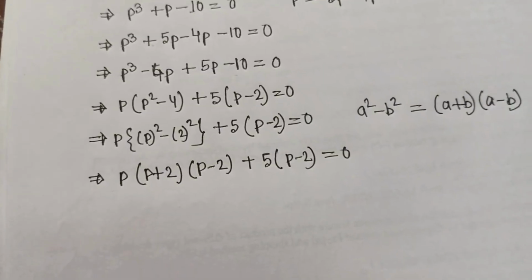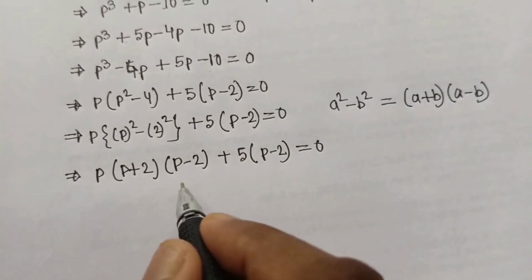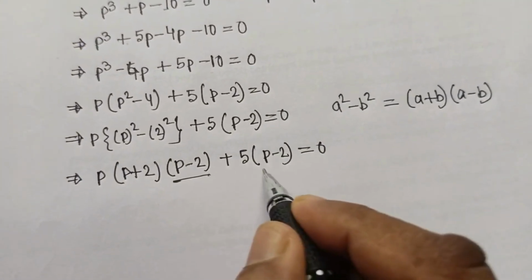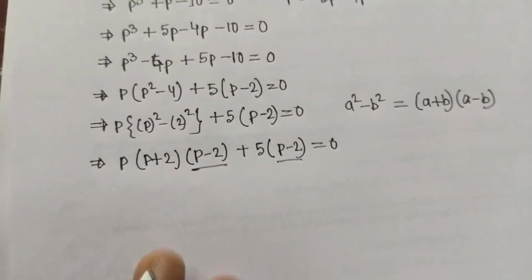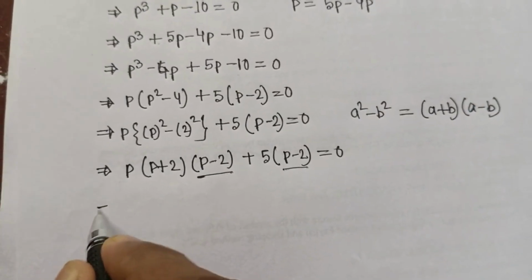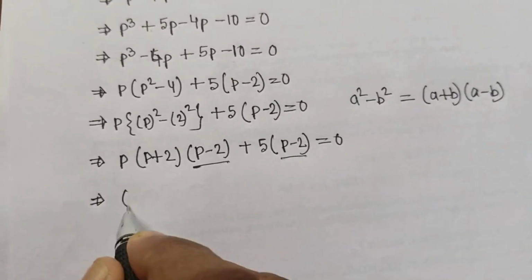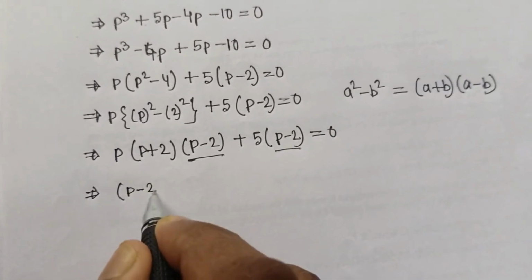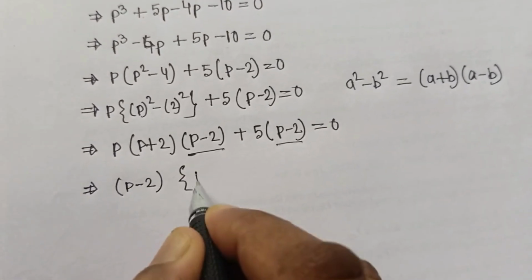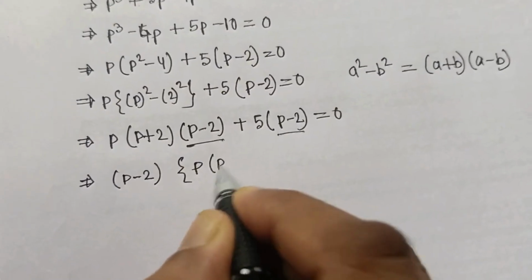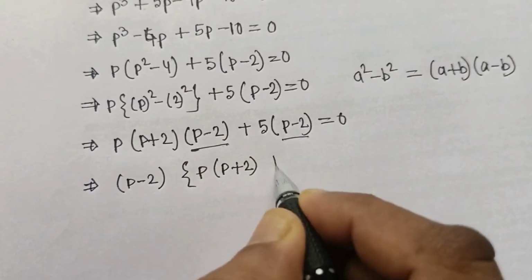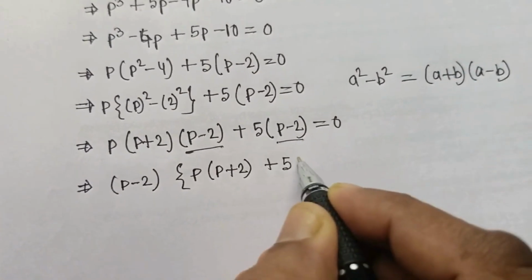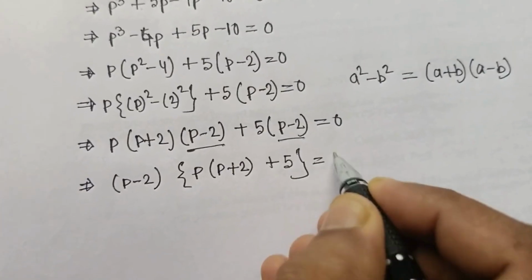Now we are seeing that p minus 2 is common from both expressions, so we take common p minus 2, and the rest part will be p into p plus 2 plus 5 equals 0.